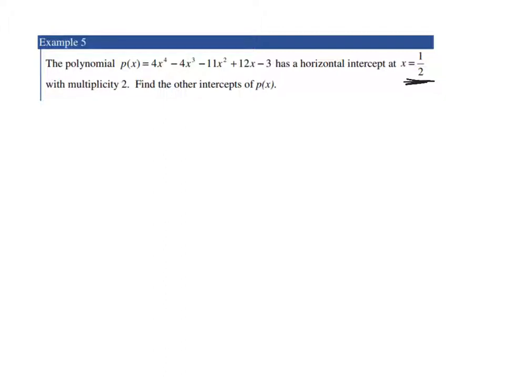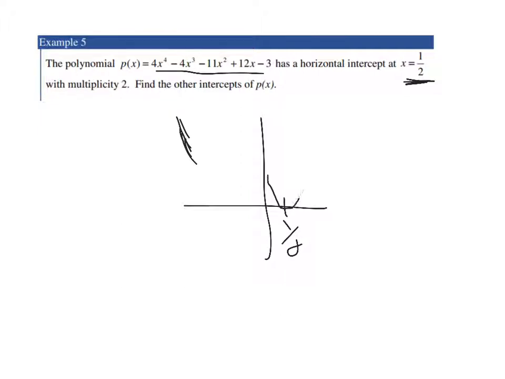So the graph of this polynomial, I know it's going to come down, and at x equals 1/2 it's going to bounce. It's either going to bounce from the top or from the bottom. I'm suspecting the bottom, but I'm just wildly guessing. We'll find out in a minute.